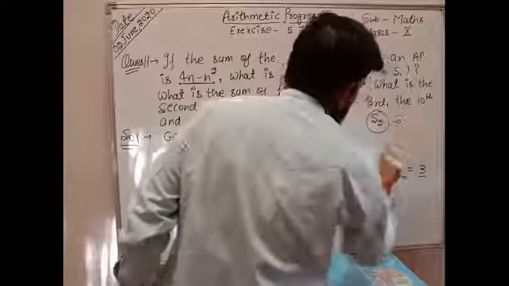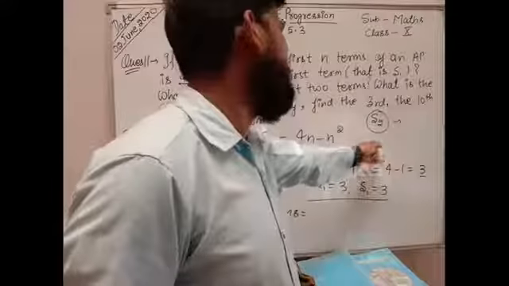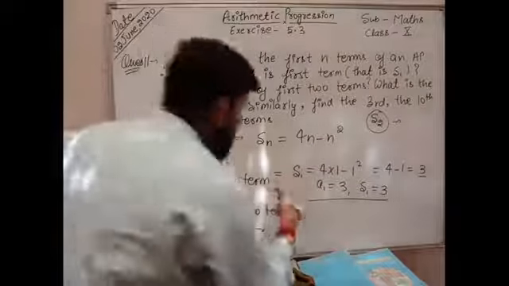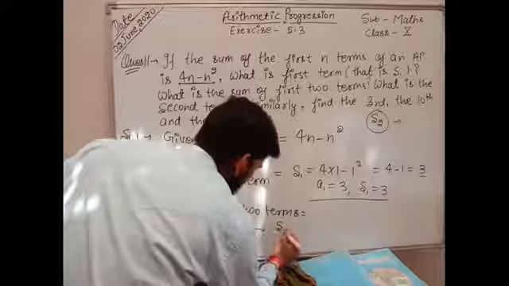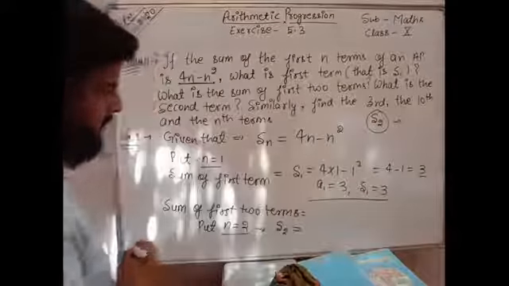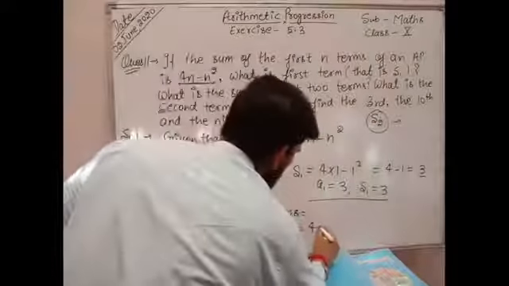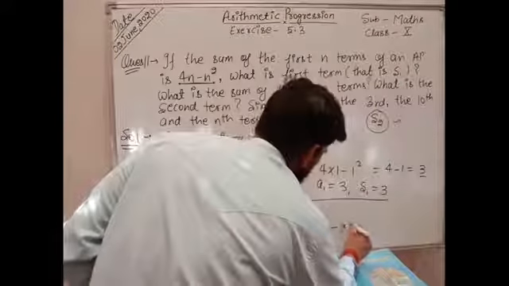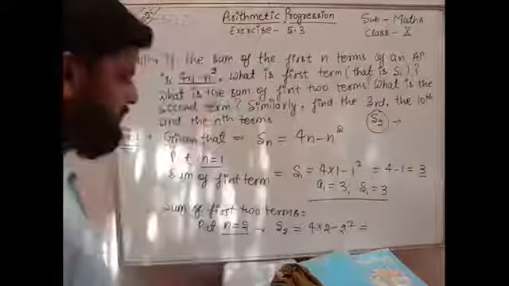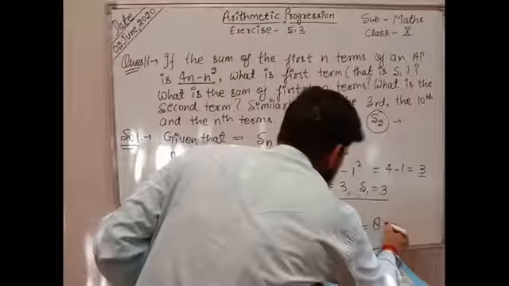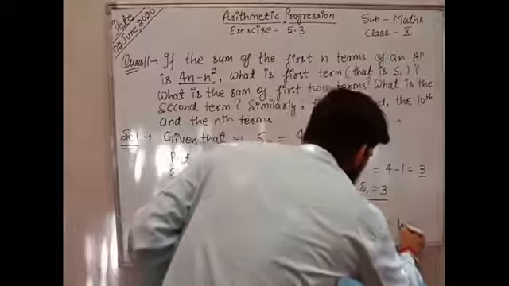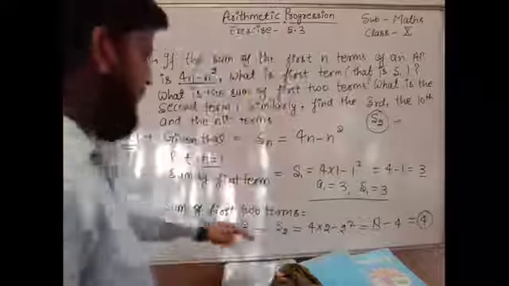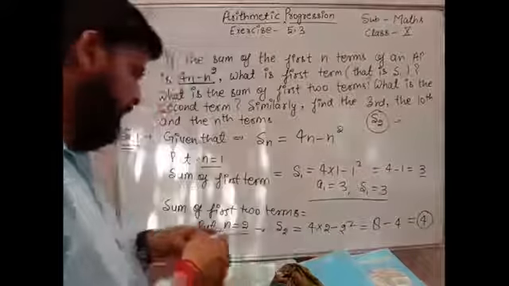Okay, so S2 is defined as the sum of the first two terms. So n equals 2, and we can write S2 is equal to 4 multiplied by 2 minus square of 2. Okay, so this is equal to 8 minus 4, that is equal to 4. So S2 is equal to 4.